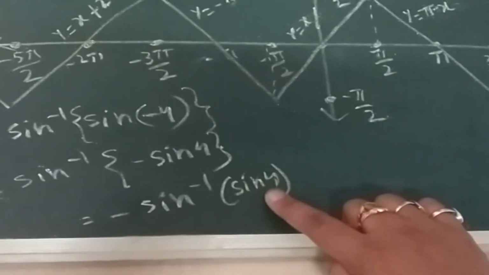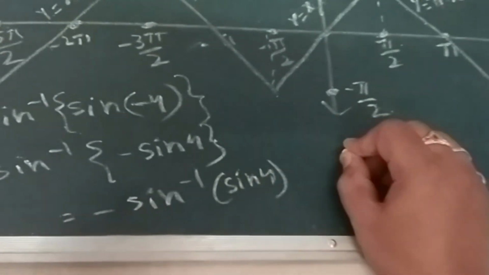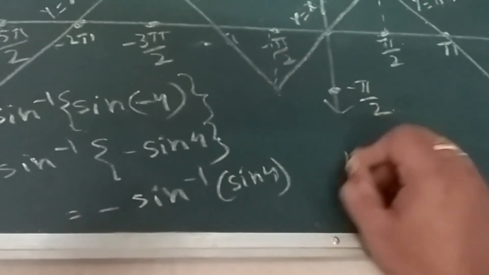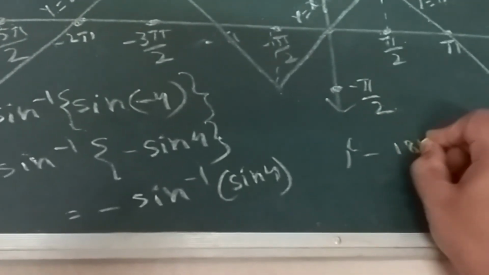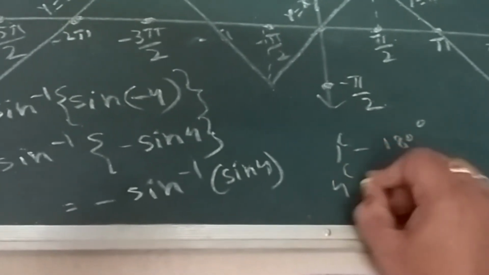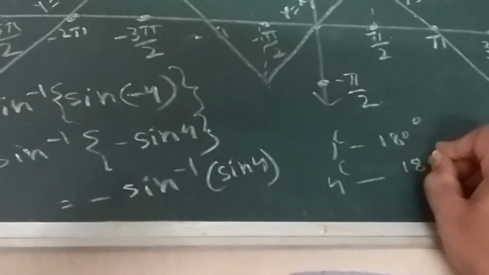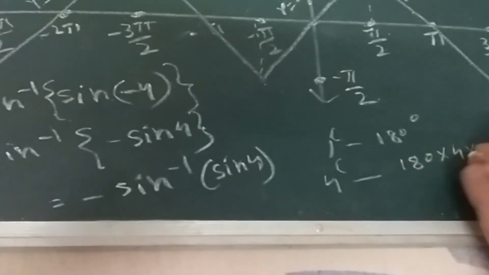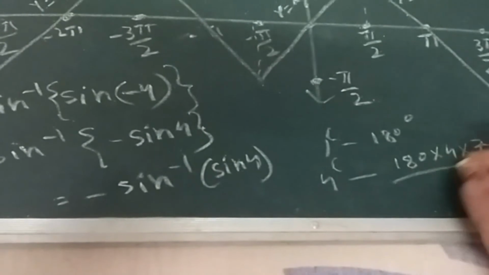Now we have to change 4 because 4 is in radian, so for 1 radian it was 180 degree, for 4 radian it will be 180 into 4 upon pi. So after changing we are getting this.